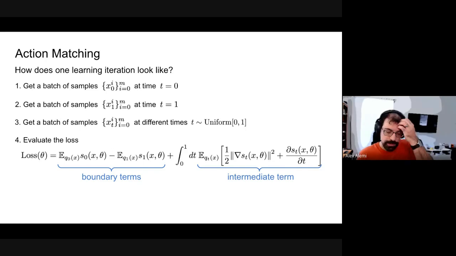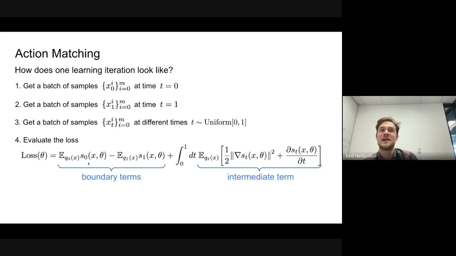I guess just looking at the loss, what stops S0 and S1 from being arbitrarily large or small? Are there any constraints on the S? Yep. So we see that this loss actually tries to set S0 as small as possible and S1 as big as possible. But then there is an intermediate term, which does a regularization on the acceleration of these particles.